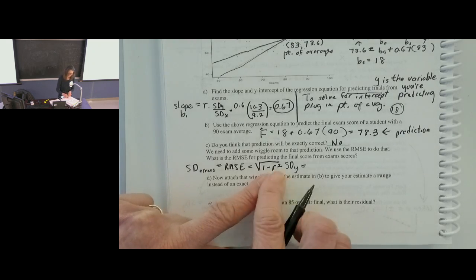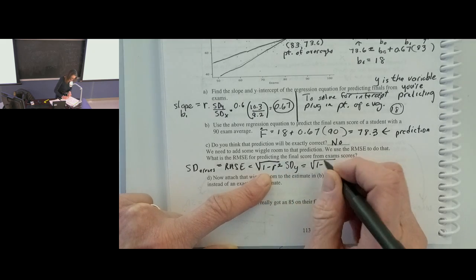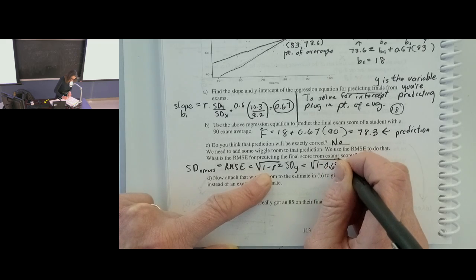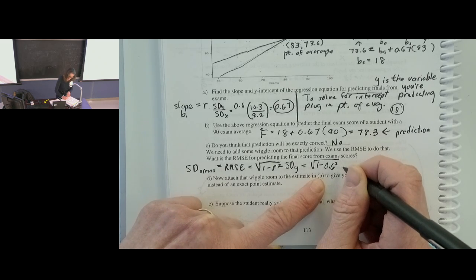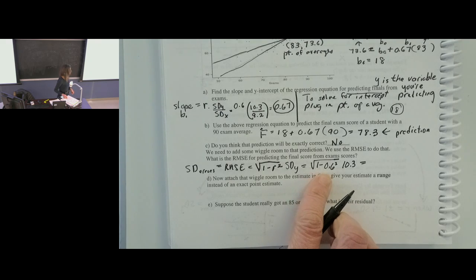And in this case, we have r of 0.6 here, so it's the square root of 1 minus 0.6 squared times the standard deviation of the y's, which is 10.3. This one we can do in our head, right? 1 minus 0.36, so that's 0.64.